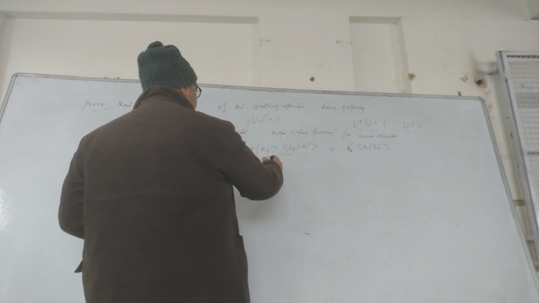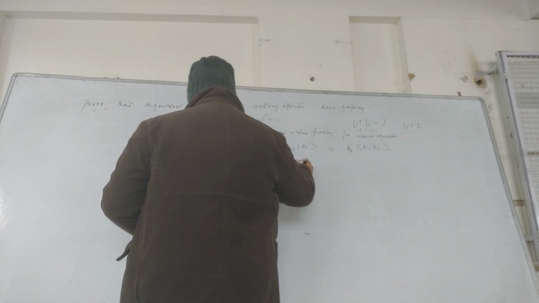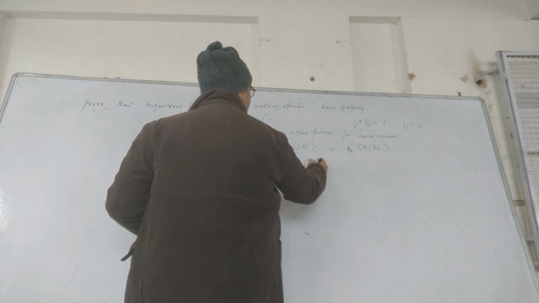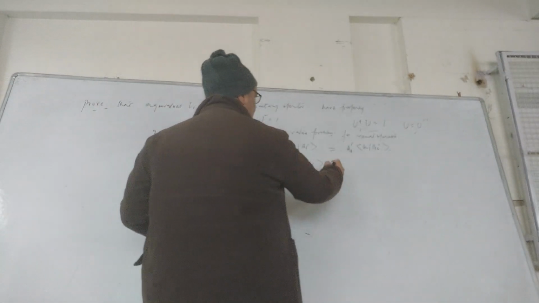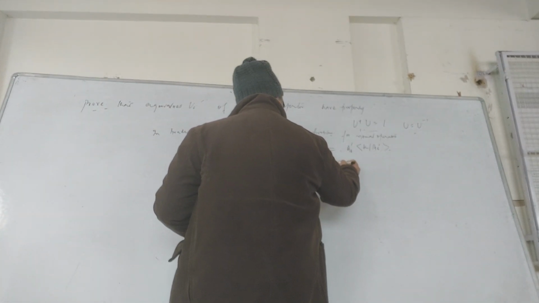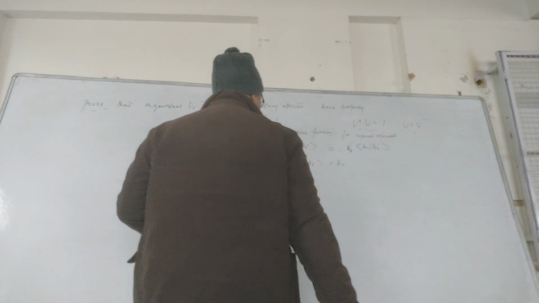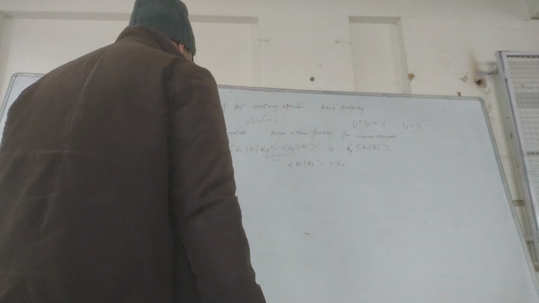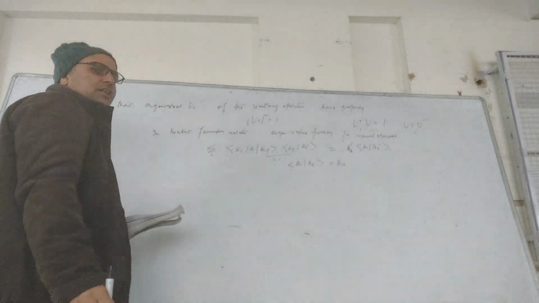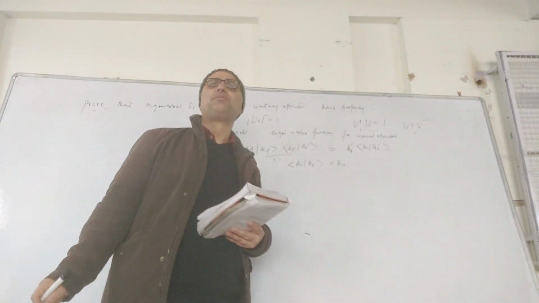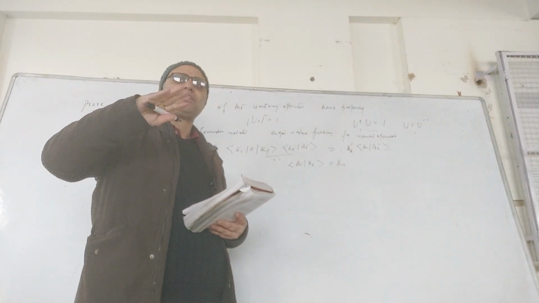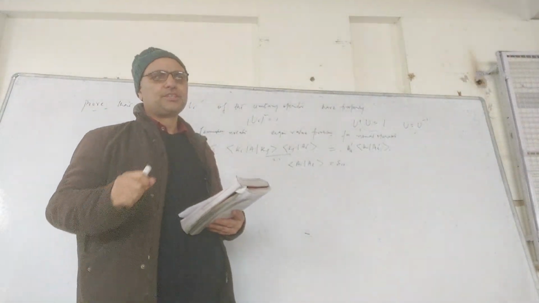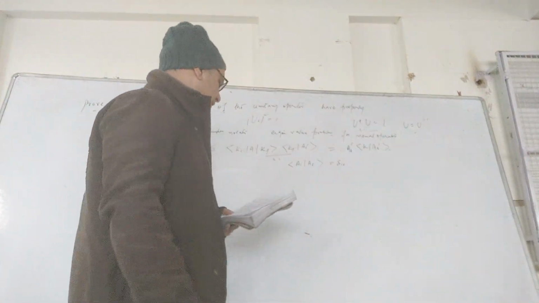You can also write it like this, ai prime or al prime. If i is not equal to l, then it's delta il: i equal to l is 1, i not equal to l is 0. If you remember, we defined projection operators such that if you flip the sign, things will come back.